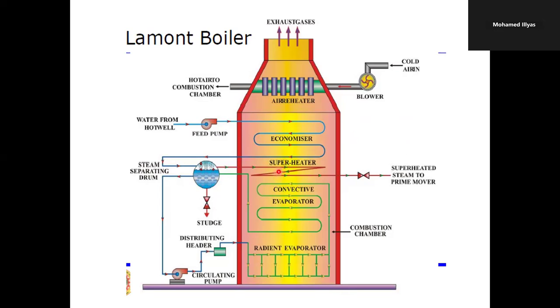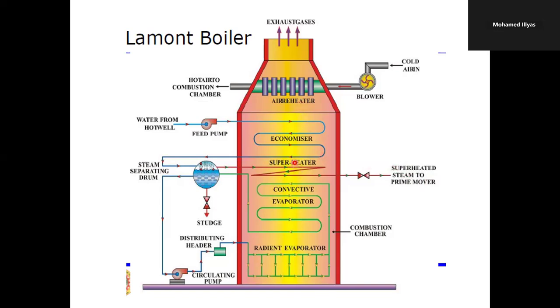So we increase the temperature of the steam here, so it becomes a superheated steam and it is further supplied to the prime mover. Prime mover is steam turbines where the steam will be expanded to produce mechanical energy, and in turn it drives the generator to produce electricity.